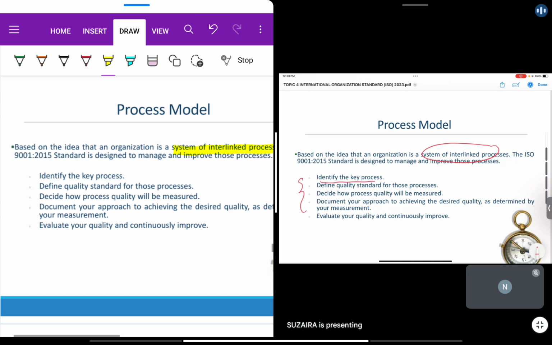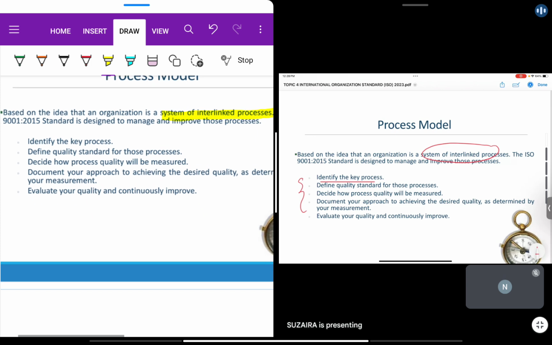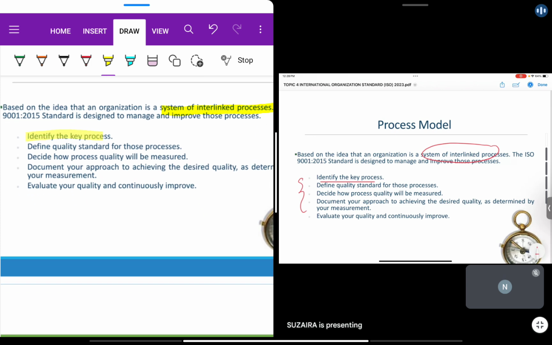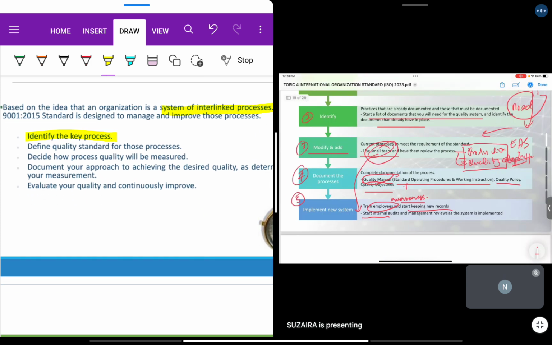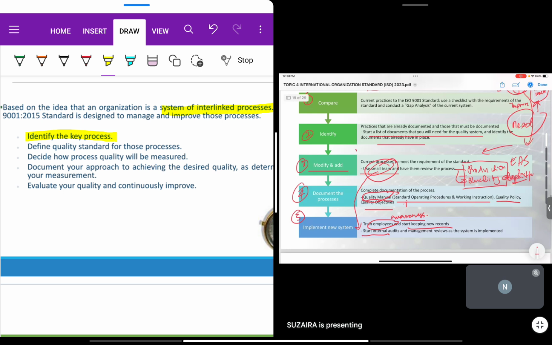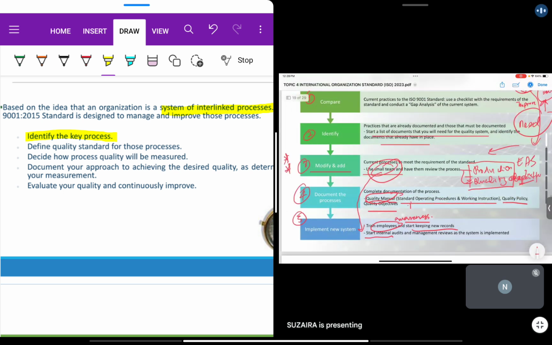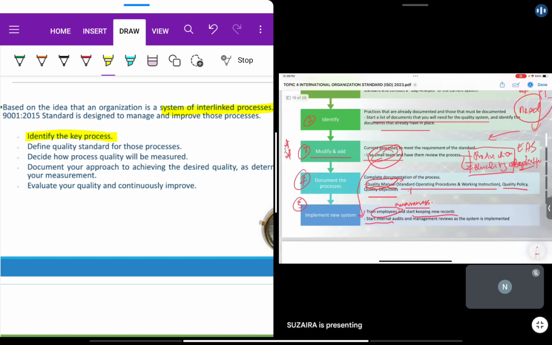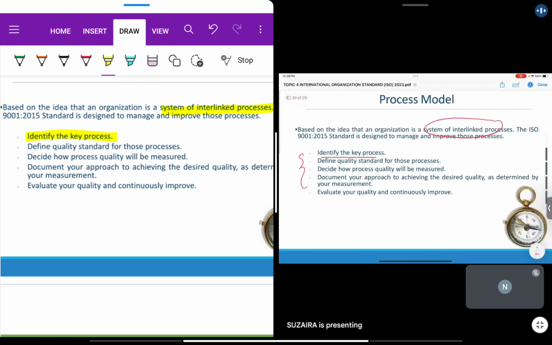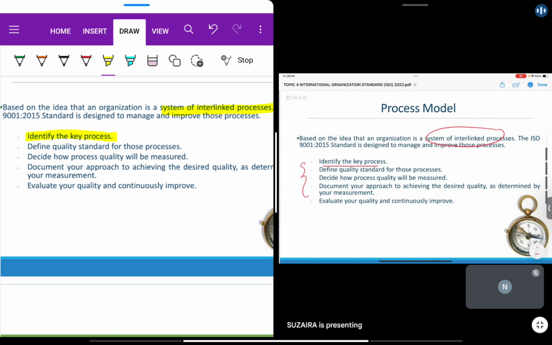Identify the key process. This reflects number 3 just now. So you want to modify and add new documentation, or you want to add or modify a process. This is the process model. What you need to do is identify the key process, and you define the quality standard.